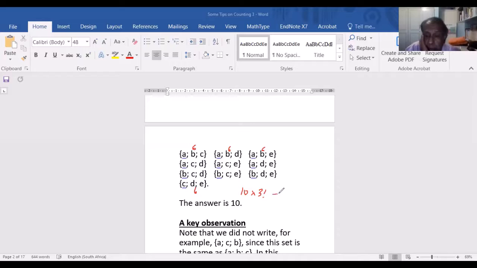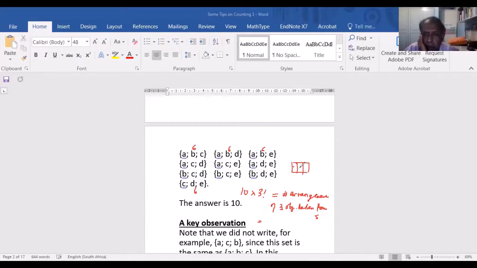But remember, we know the number of arrangements of 3 objects taken from 5. This is equal to the number of arrangements of 3 objects taken from 5. And the last one, we saw that this is really a box argument. You've got 5 objects.